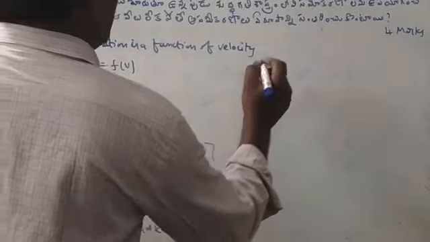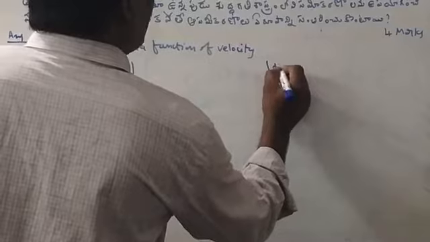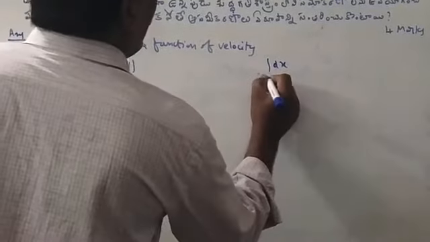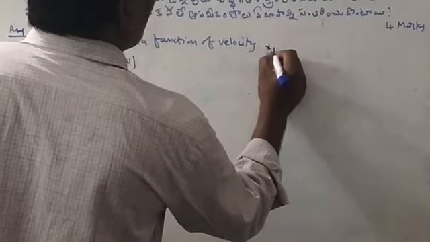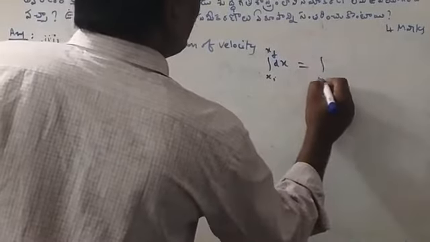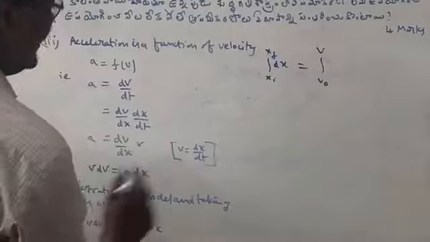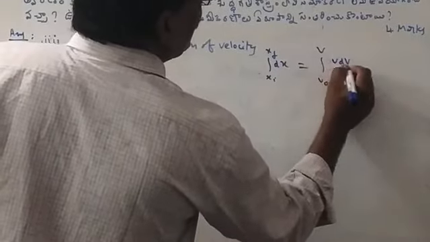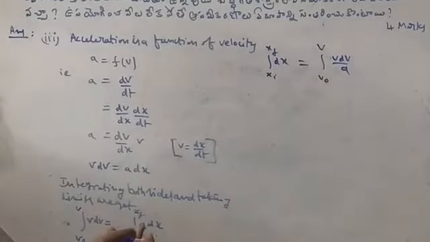Therefore, integral dx, limits xi to xf, is equal to integral v naught to v, dv by a. Cross multiplying we get a.